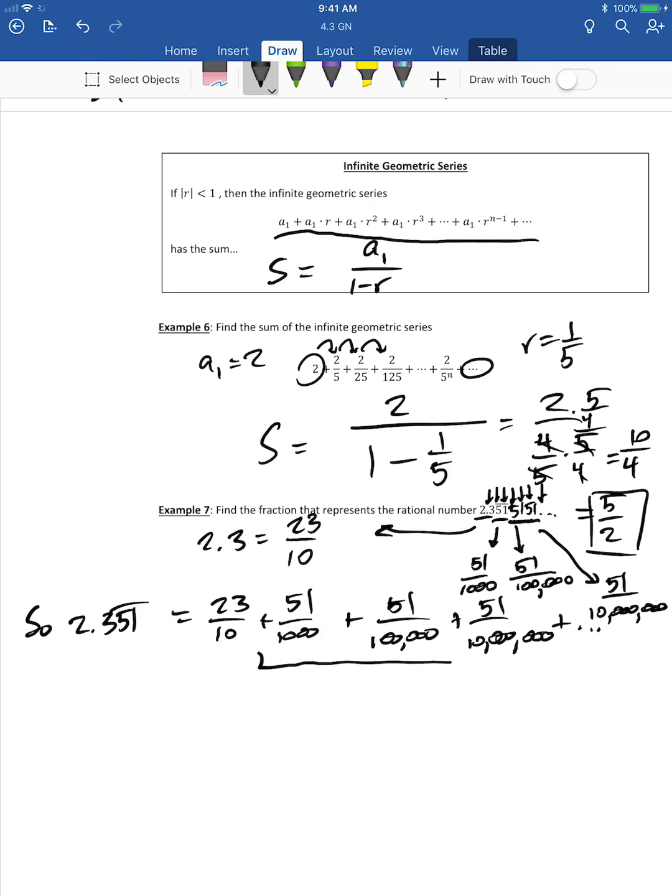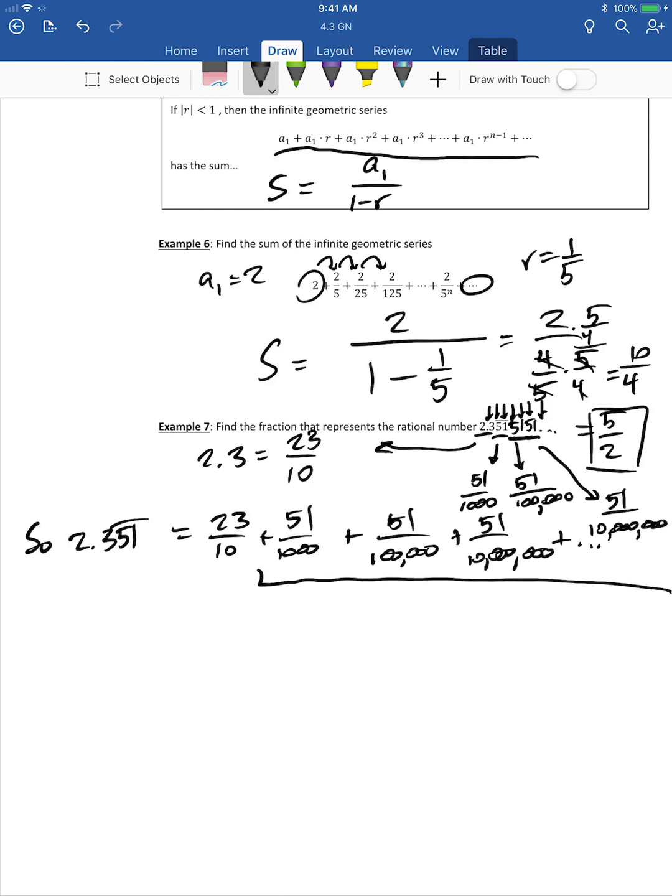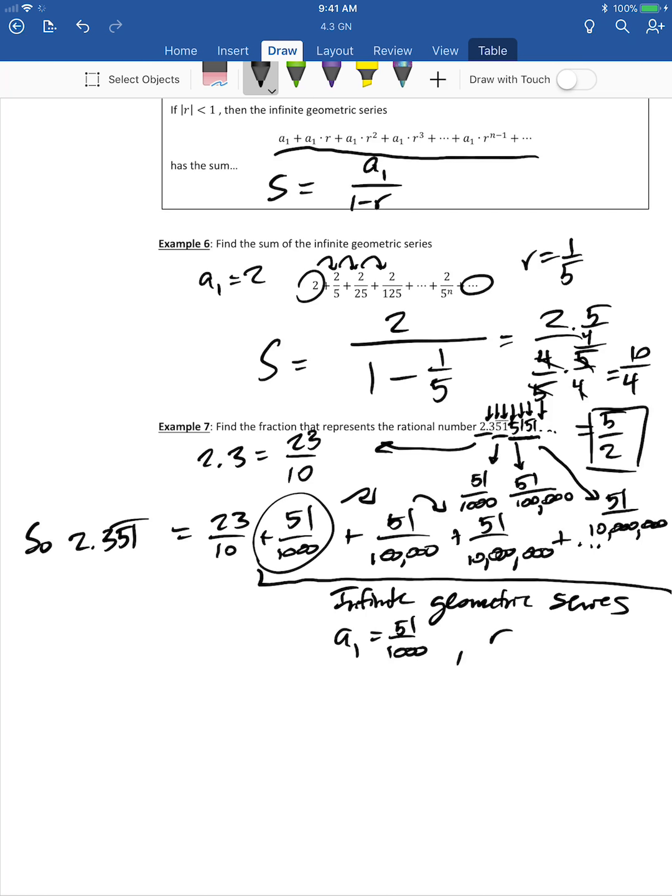So notice here, ignoring the 23 over 10, everything after that forms its own infinite geometric series. The first term is 51 over 1,000. I'm multiplying each term by 1 over 100 to get to the next term.